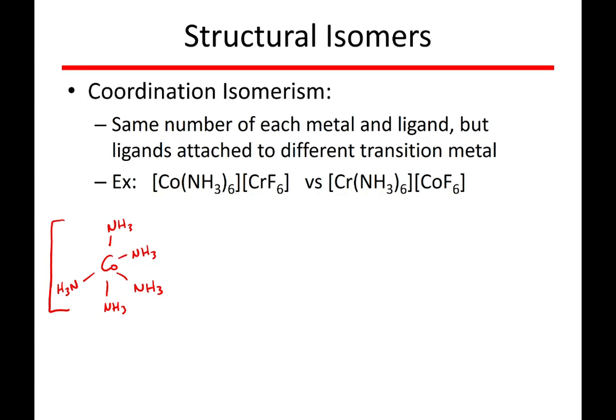And again, because it is the nitrogen that has the lone pair, it's the nitrogen that's forming the bond to cobalt, so I'm putting the nitrogen here right next to the cobalt like that. All right, that's our cation, and then our anion is [CrF6]. So we've got Cr, and then we're going to surround it with 6 fluorides.